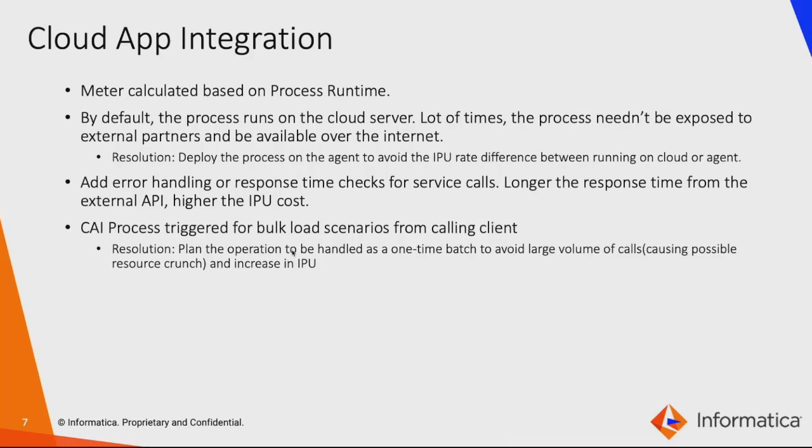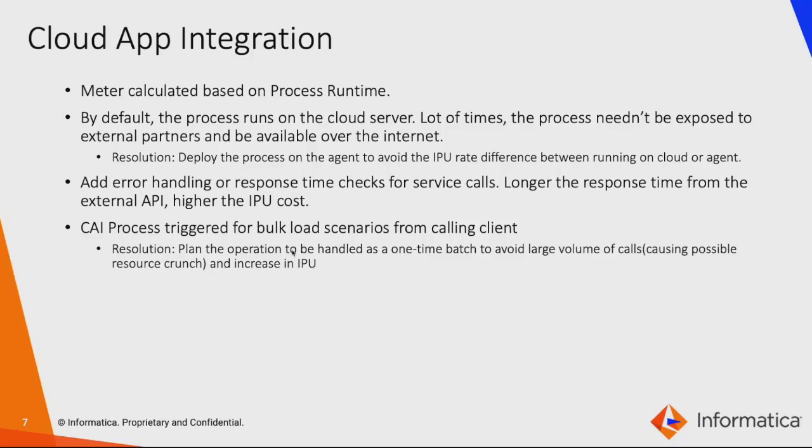One of the very common patterns that we see for customers who have higher consumption for their CI services is that, by default, when you create a new process, it always runs on the cloud server.